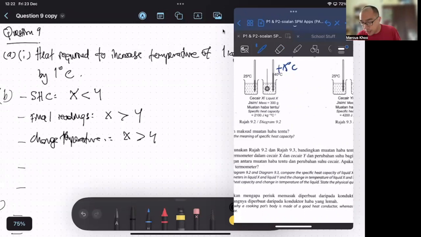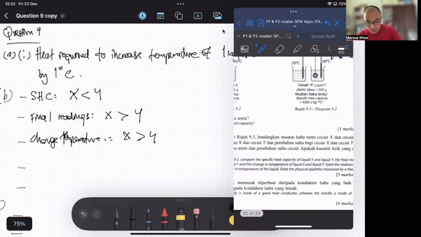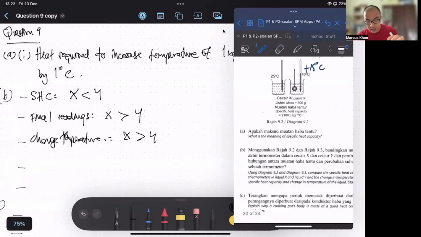Now, state the relationship between the specific heat capacity and the change in temperature. Since they are both different signs, obviously one goes up, one goes down. So again, think about it. Which one affects which one? Obviously, the specific heat capacity affects the change in temperature.